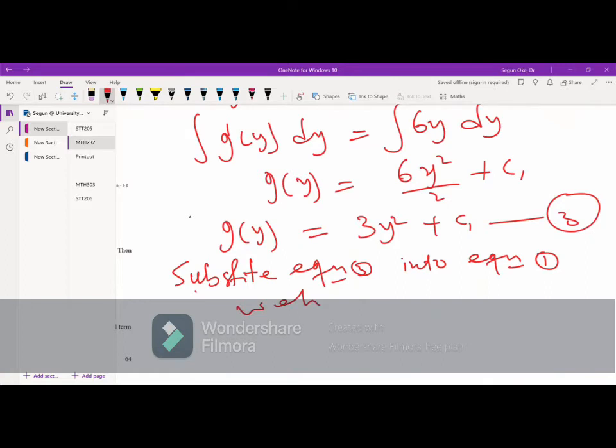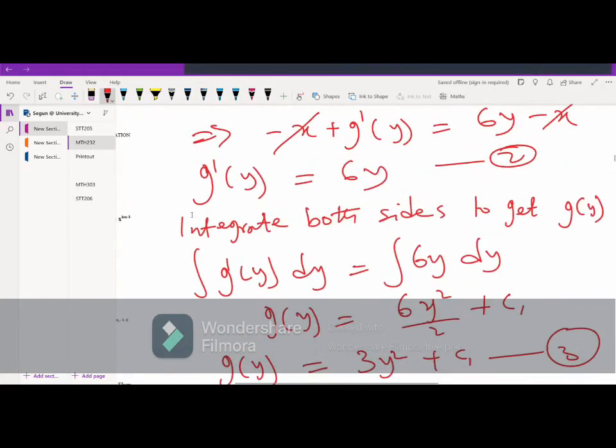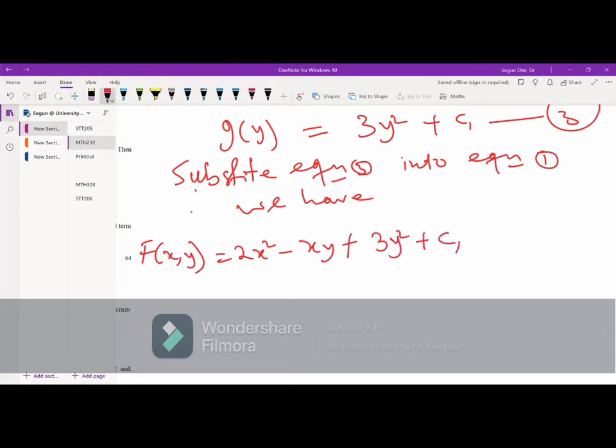Equation 1 is what? Can you call equation 1 from your note, please? 2x squared minus xy plus g of y. What is g of y now? That's 3y squared plus c1.